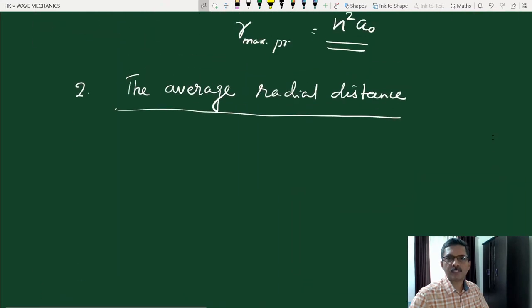And for each n, the s states will have higher average radial distance.